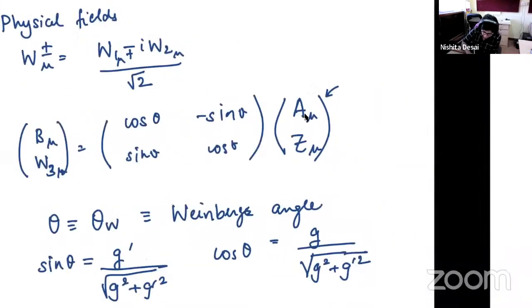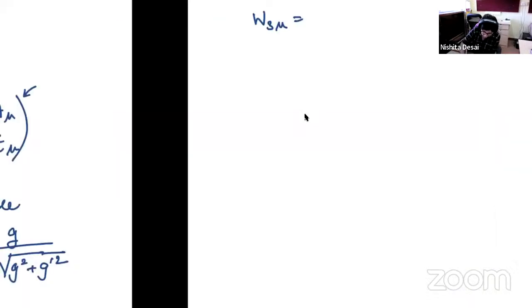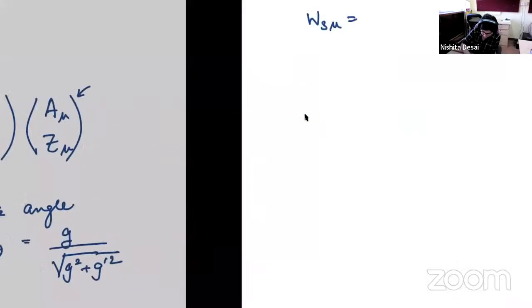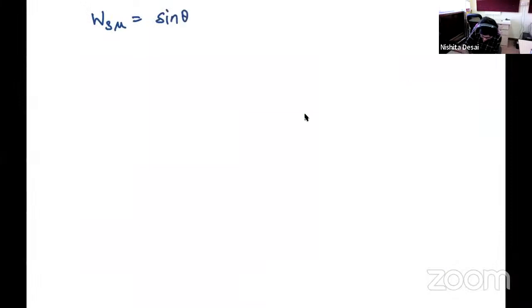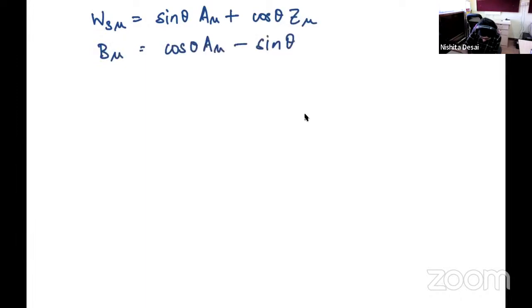So you can just write this out. What this simply means is your W3 mu is sine theta A mu plus cos theta Z mu, and B mu is cos theta A mu minus sine theta Z mu.